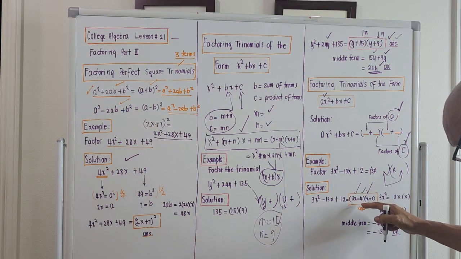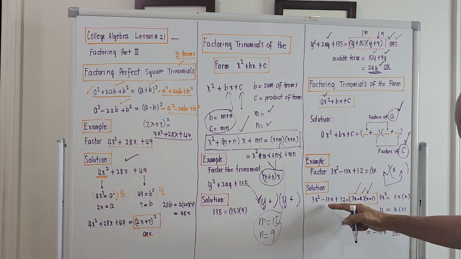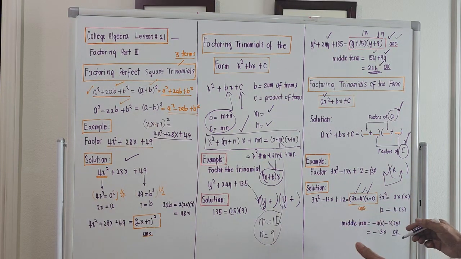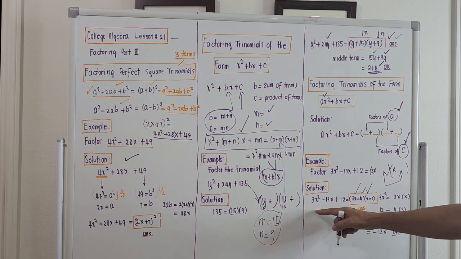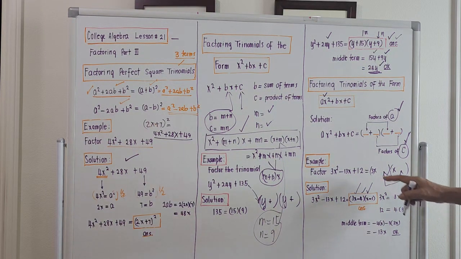And the products for the middle term will be minus 4x and minus 9x, which become minus 13x. So actually, the resulting factor of this trinomial is the quantity 3x minus 4 times the quantity x minus 3. And to check if this is correct, we'll do the middle term.